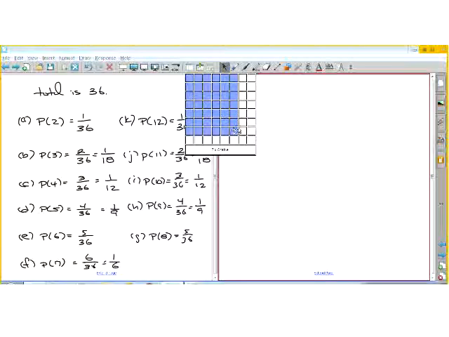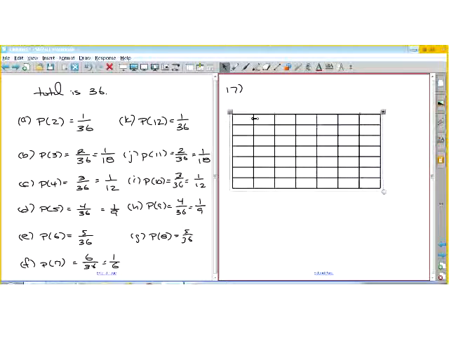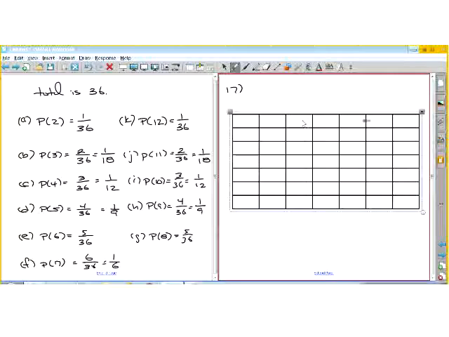So you basically have to make up another table, just like we did for the original die. We just put in our modified die. So let's do this one as the first one. It says a single dot is now a blank face. So this is going to be 0, 2, 3, 4, 5, 6.